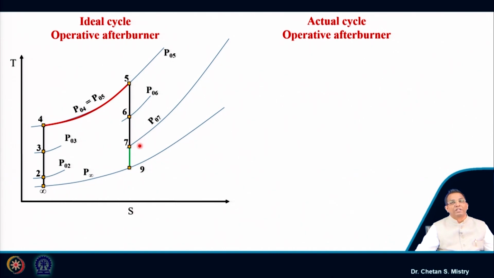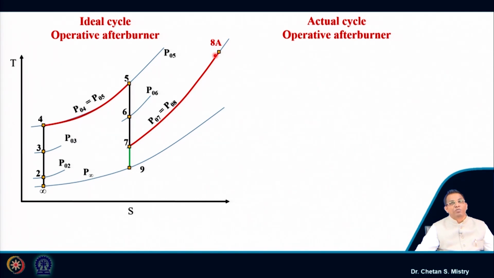Suppose I am not having an afterburner, then my process will end from 7 to 9. Since I have incorporated the afterburner, we add an amount of heat at constant pressure, and we raise our temperature to 8A.